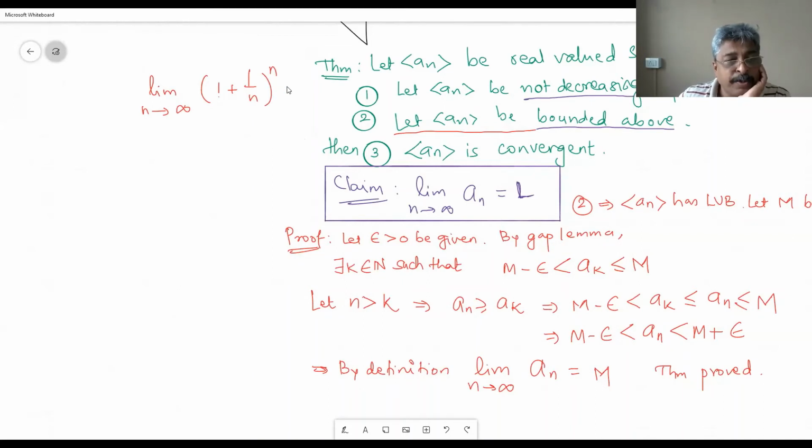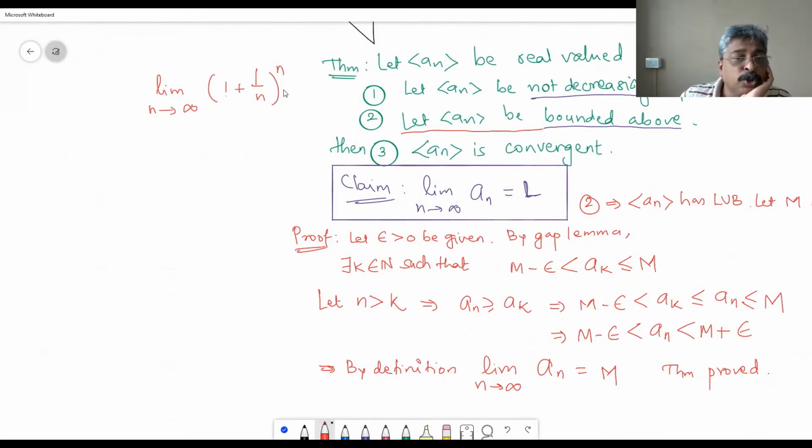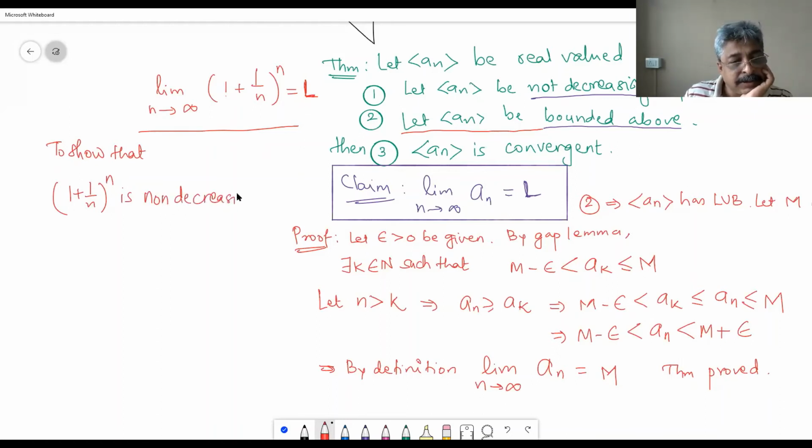So we expect this limit also to be convergent, let us say to L, and we will try to estimate the value of this L. If we want to show that the sequence 1 plus 1 upon n raised to n is convergent to L, what we need to show are the prerequisite conditions of this theorem: that 1 plus 1 upon n raised to n is non-decreasing and is bounded above.